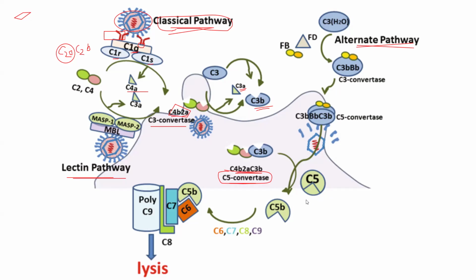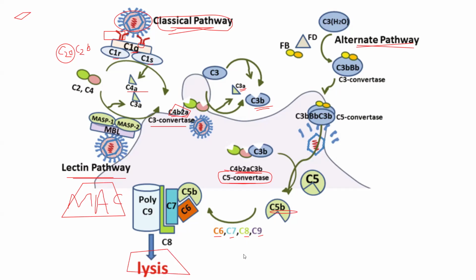C5a helps in the inflammatory response, and C5b combines with C6, C7, C8, C9 to make the membrane attack complex, MAC. This MAC generates pores in the target cells and results in their lysis.